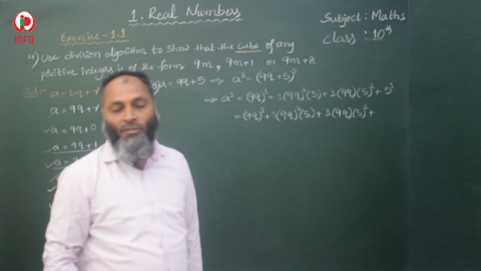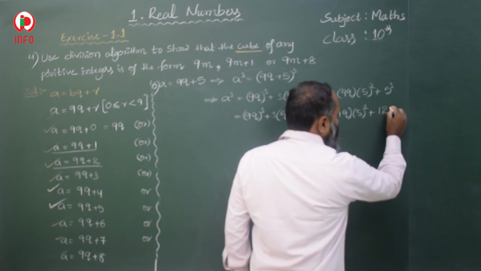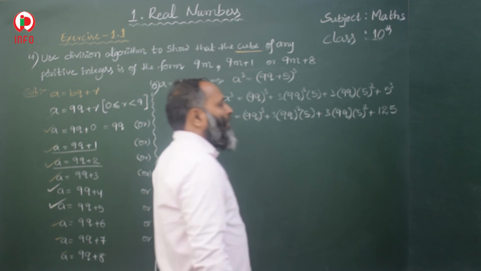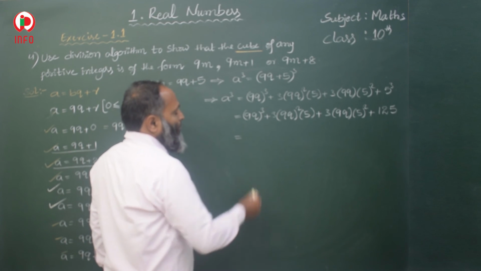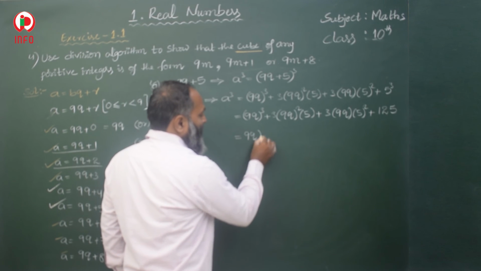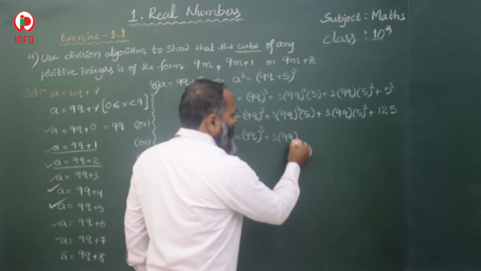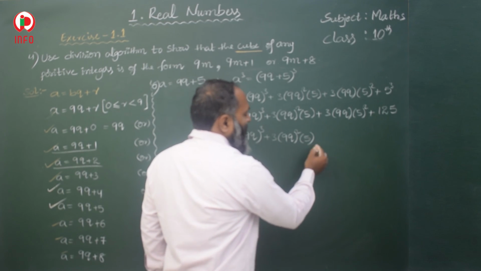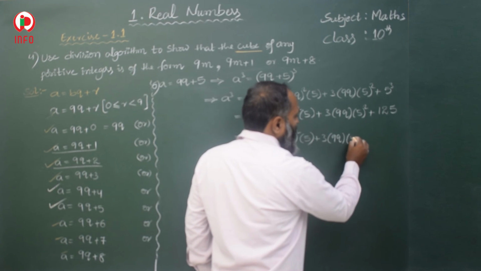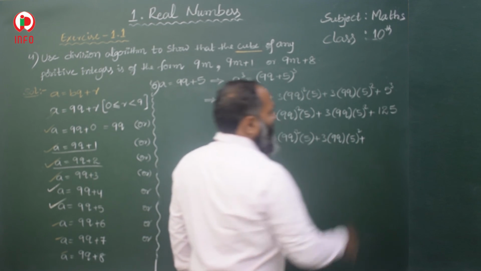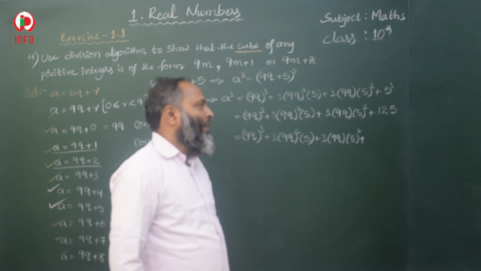5 5s are 25, 25 5s are 125. Now 9 cube whole cube same, 9 cube whole cube plus 3 into 9 cube whole square into 5, plus 3 into 9 cube into 5 square, plus 125. We should split 125.